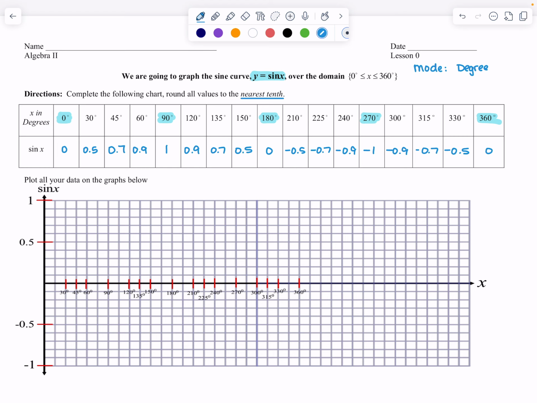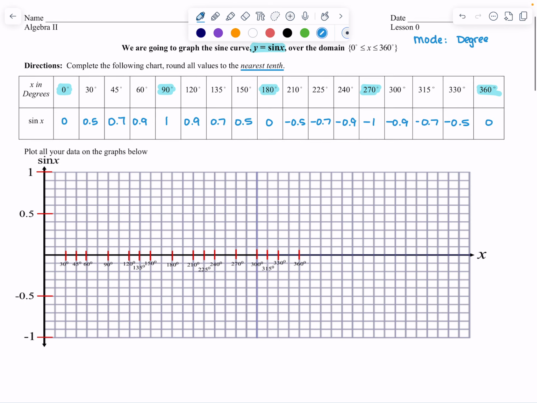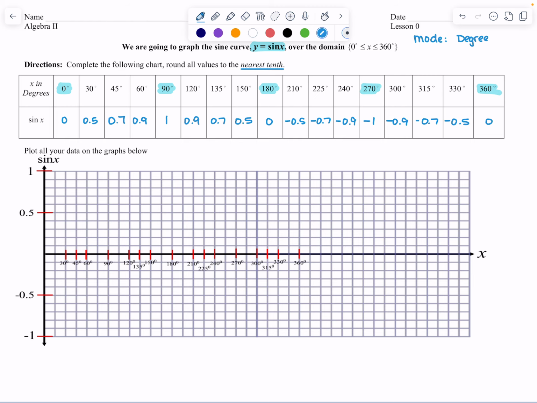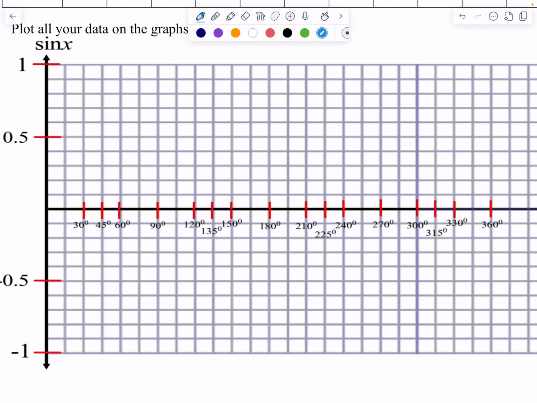The next thing we're going to do is plot. So if you want, pause the video and just try plotting the points and then maybe start it again. So I'm plotting points at 0, 0.